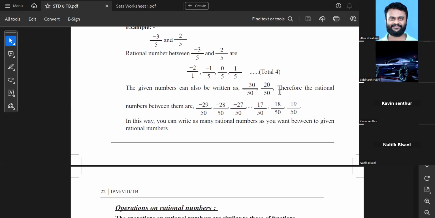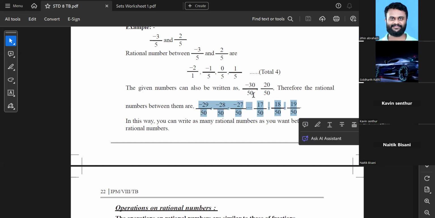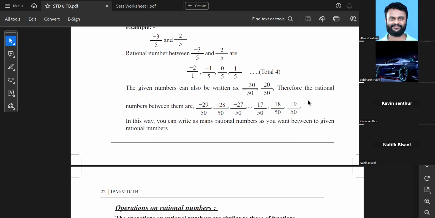Now, if somebody is asking what are the different rational numbers between these two numbers, very easy. 50 is the denominator, you keep it as it is. Then you compare what are the numbers between minus 30 to minus 20. It goes as minus 29, minus 28, minus 27, and so on till minus 21. So these are the numbers between minus 30 by 50 and minus 20 by 50.